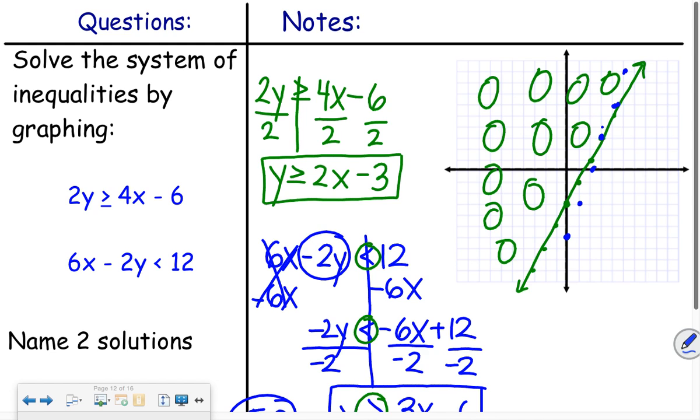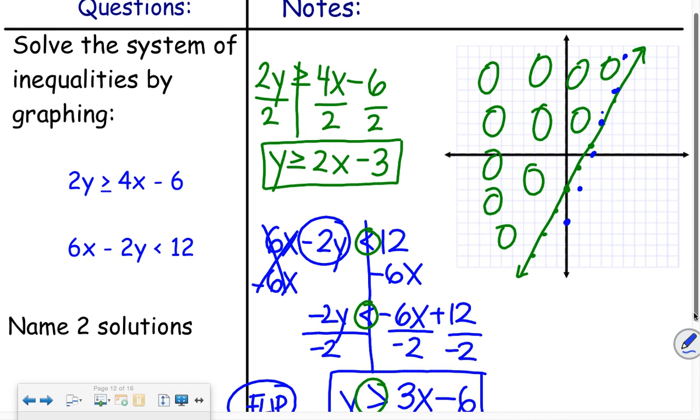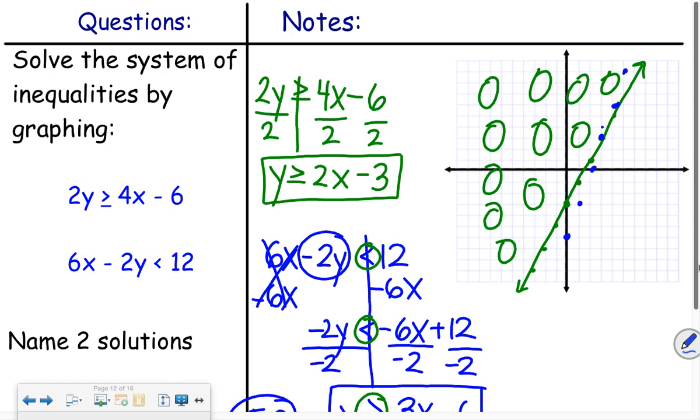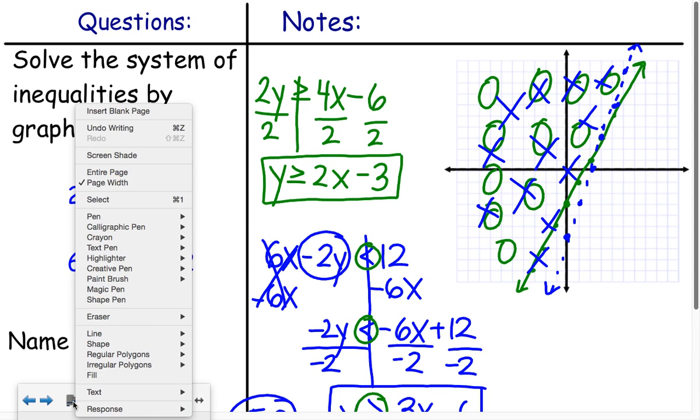And then on this one, it is a dashed line. Okay, and then on that one, I need to shade greater than, so up. So my shaded area on this one is a really big area.